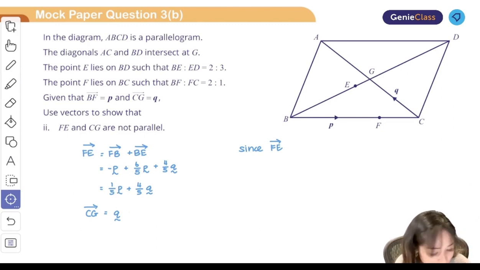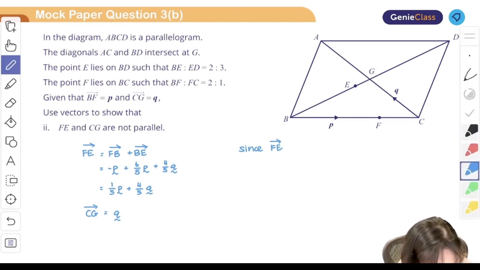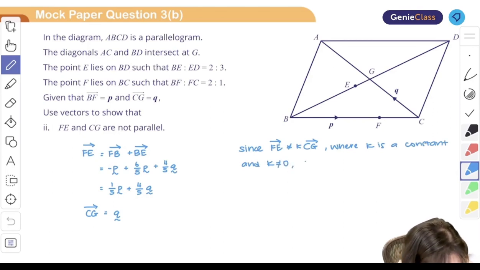There's no way we can multiply by a numerical value. So since FE is not equal to K of CG, where K is a constant that is not equal to 0, FE and CG are not parallel.